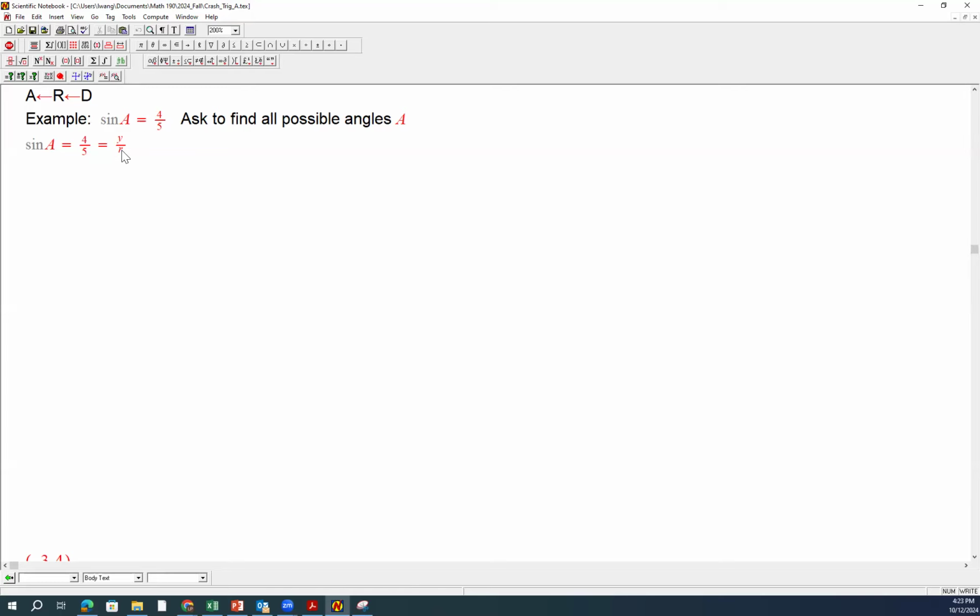If we know Y, and we know R, which is the hypotenuse, and we know Y is the blue, we can find the red.